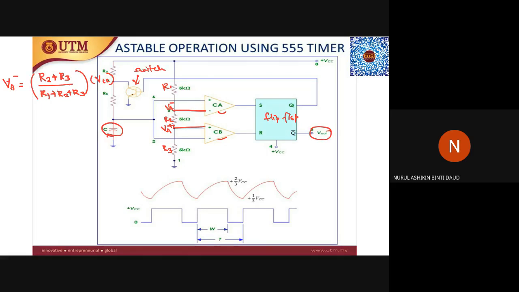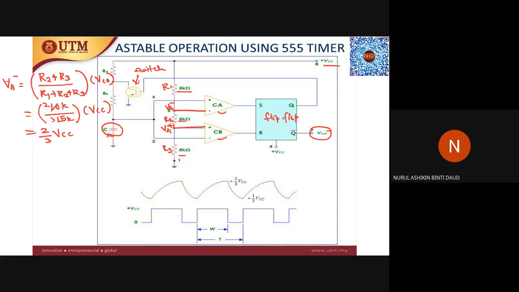By using the voltage divider. Let's say the given values are 5 kilo ohm, 5 kilo ohm, 5 kilo ohm. So it will be 10 kilo ohm over 15 kilo ohm times VCC. We don't know the value of VCC, so this will be 2/3 VCC. So the value of VA minus is always 2/3 of the value of VCC.